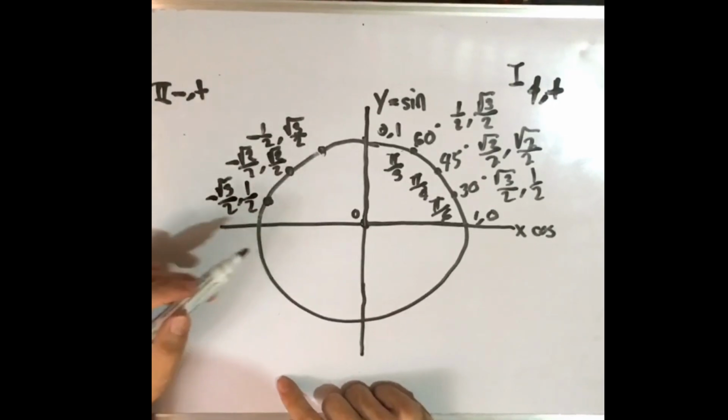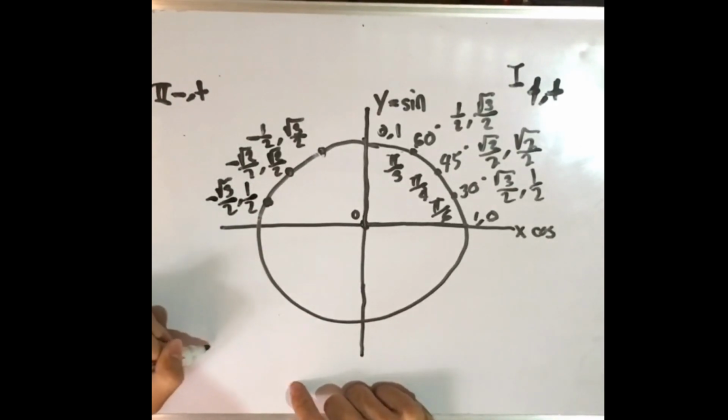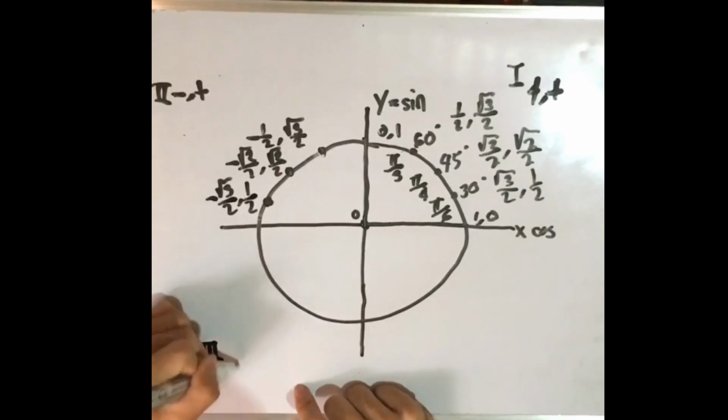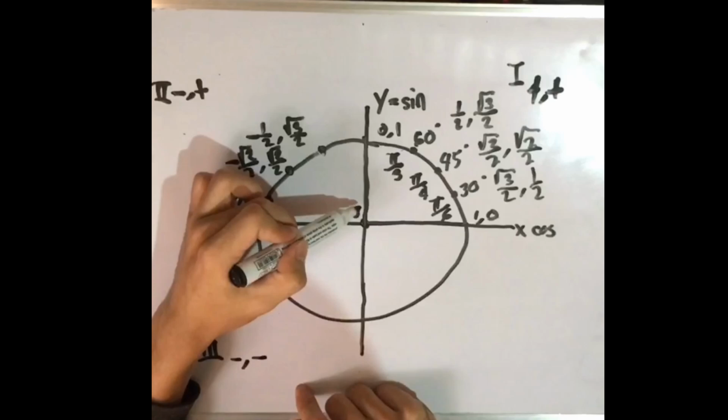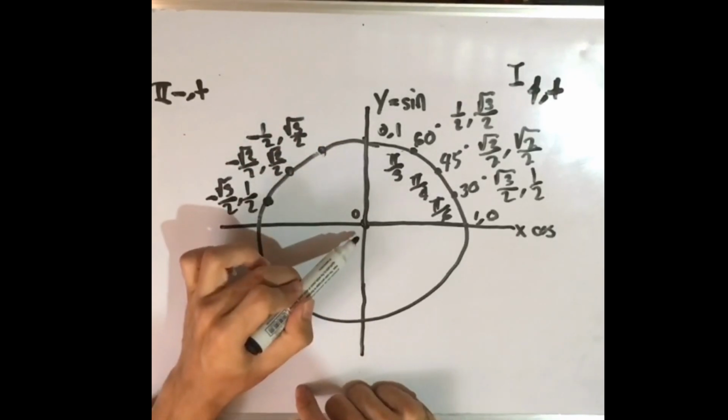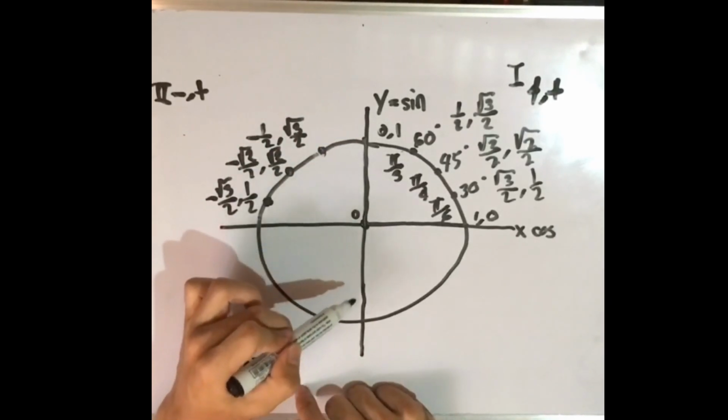Now let's proceed to quadrant 3. Quadrant 3 has both negative. Since this is 1, 2, 3, 4 and this is negative 1, negative 2, negative 3 and so on.